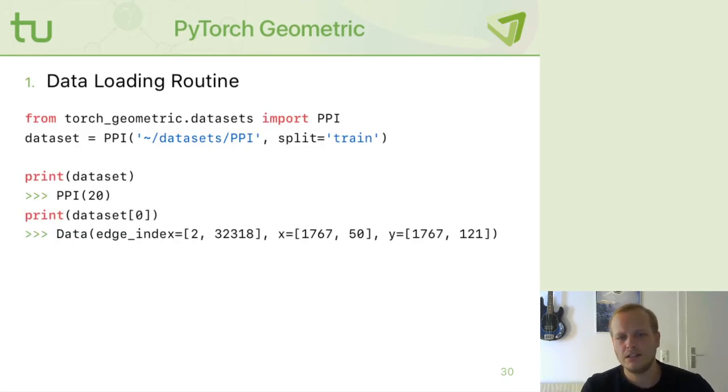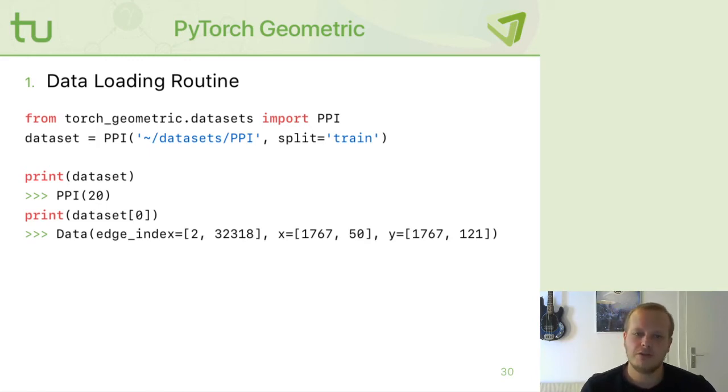Okay, so let us load a predefined PyTorch Geometric dataset. And for this, we load the PPI dataset, which holds 24 graphs, which describe protein-protein interactions, and 20 of those graphs are typically used as training graphs.